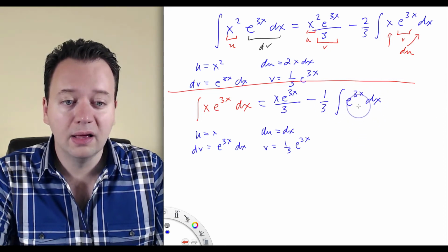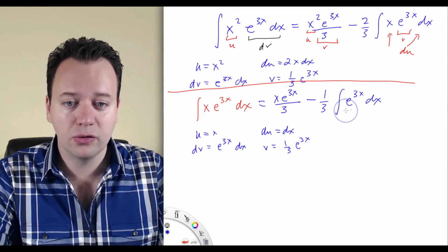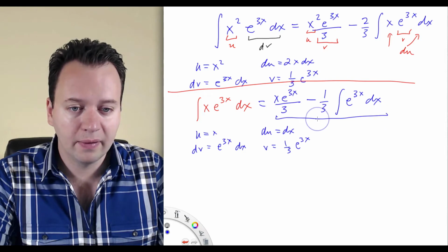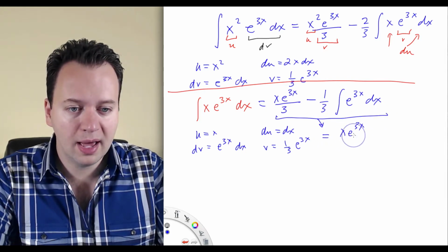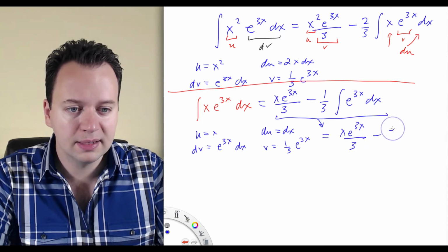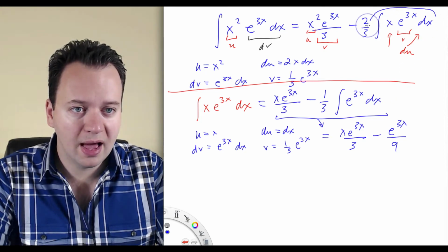Now the integral of e to the 3x is just e to the 3x over 3. So this whole thing is going to equal x e to the 3x over 3 minus e to the 3x over 9.